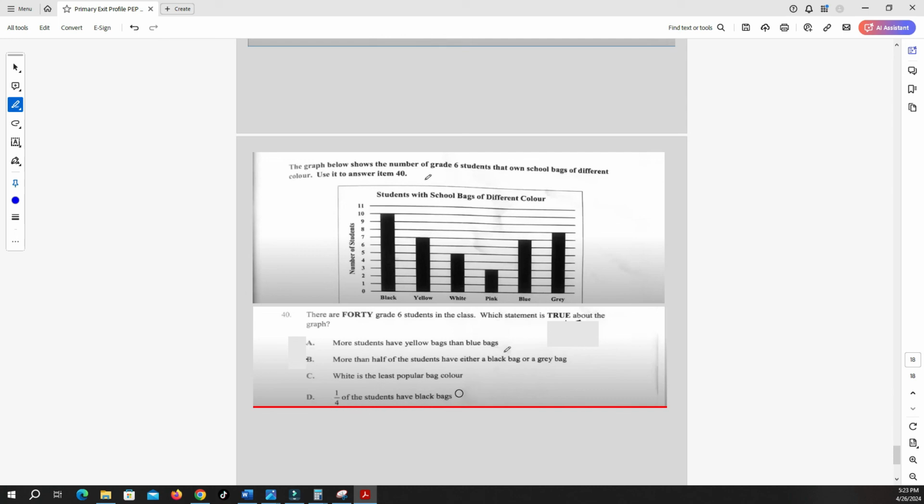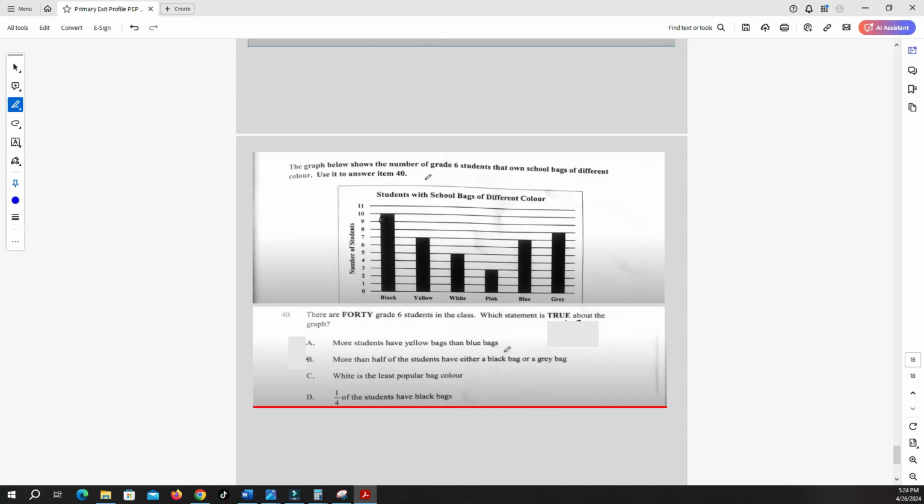A quarter of the students have black bags. Let's see if that's true. Black bag, well, it's 10 here. But so far we have 7 and 7, 14, and 5, 19. And this is 22. And then we have 30.